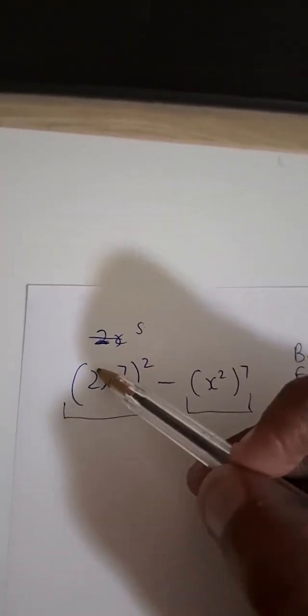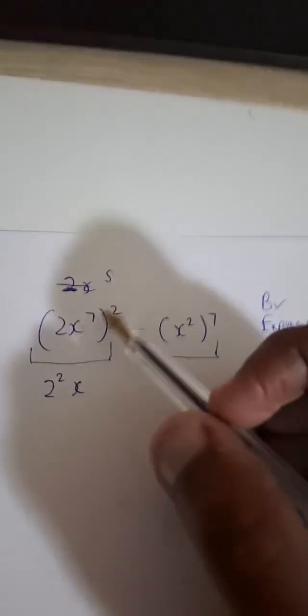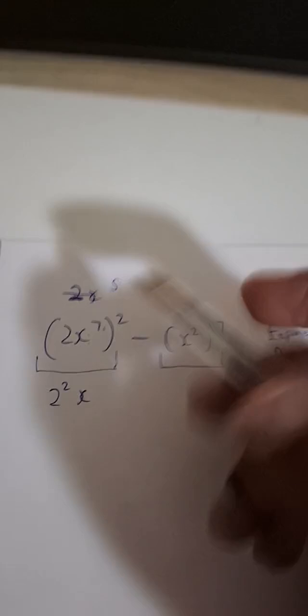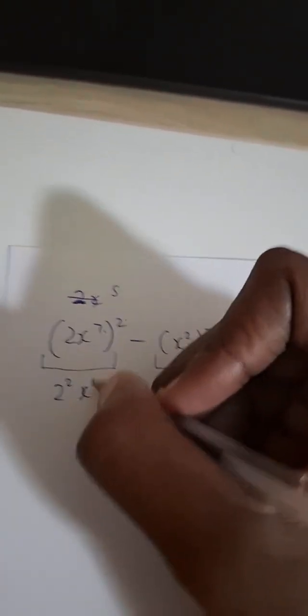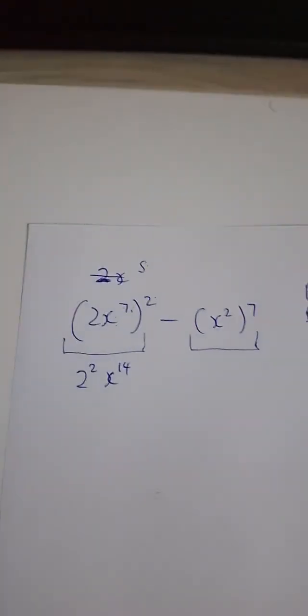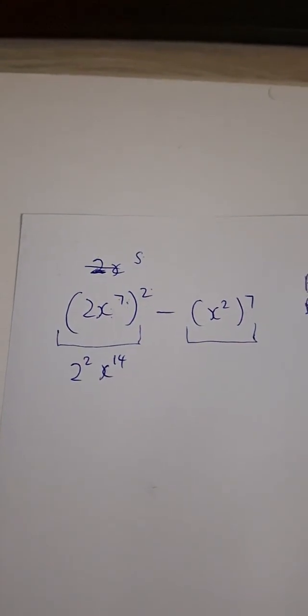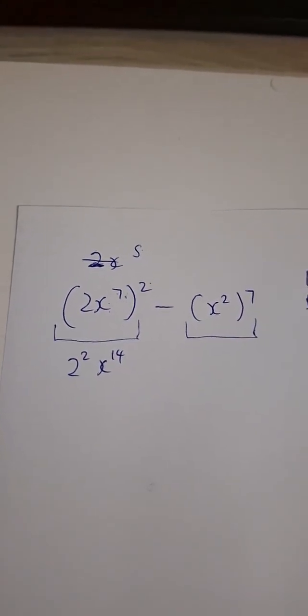We apply the exponent to the number, which gives us 2 to the power 2. And then we apply the exponent to the letter, which is 7 times 2. So I'm just going to go straight to the answer: it's x to the power 14.